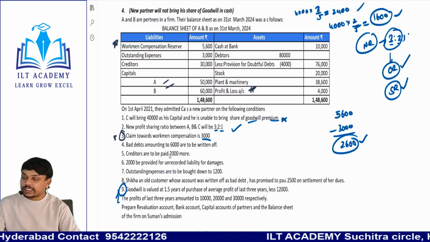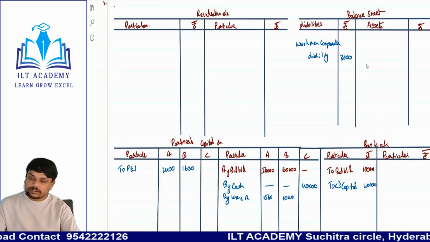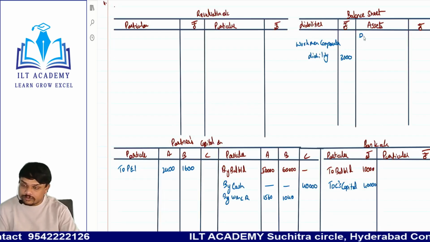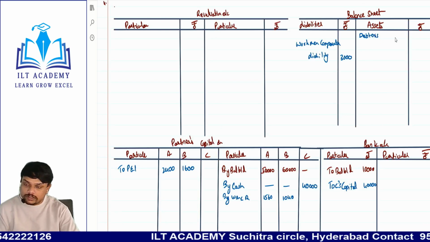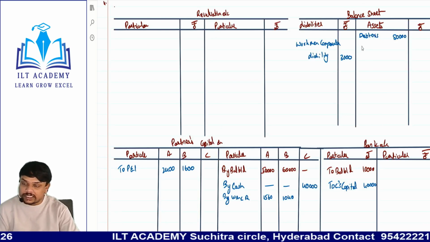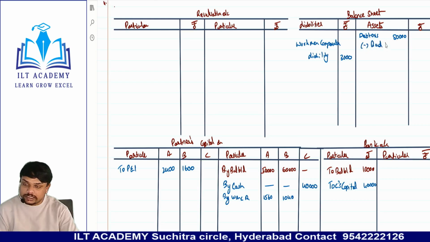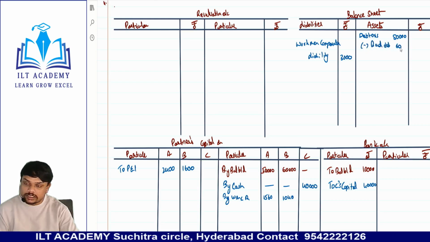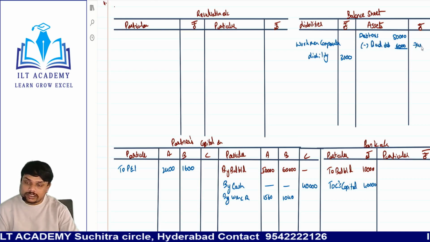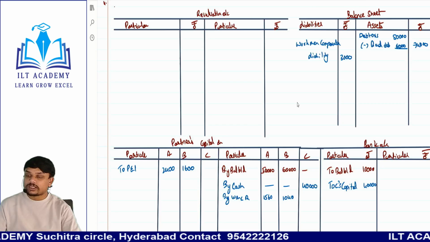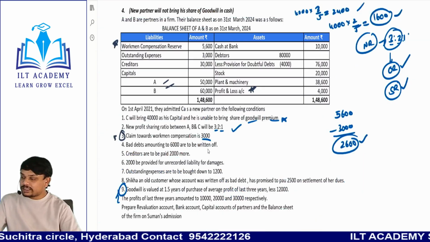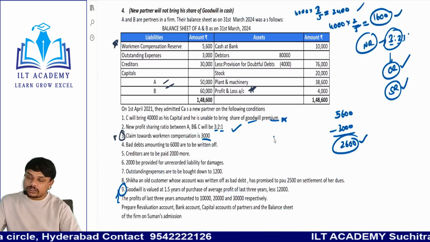6,000 will be written off as bad debts. So debtors, if you see, 80,000, just subtract the new adjustments, bad debts. How much? 6,000. So here you are going to get 74,000. And if you see now, bad debts are 6,000 and provision is 4,000.